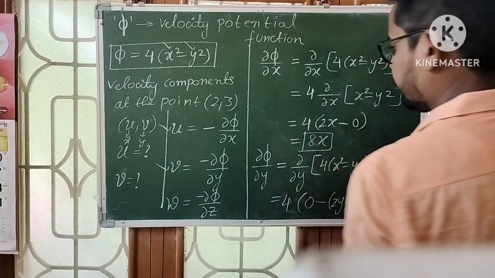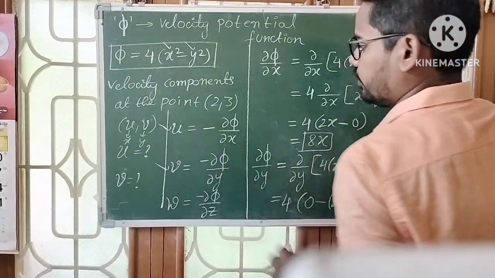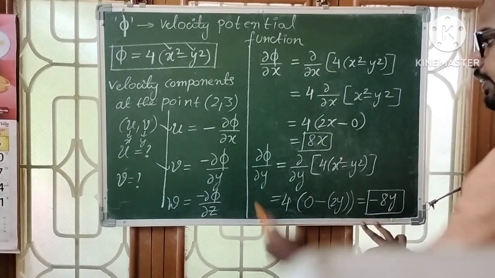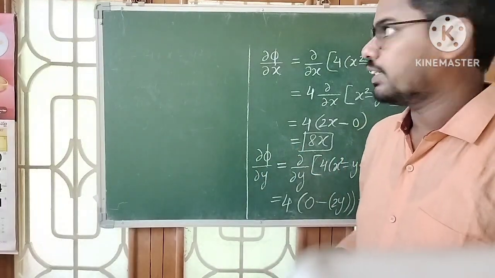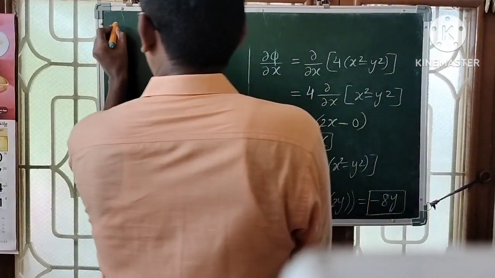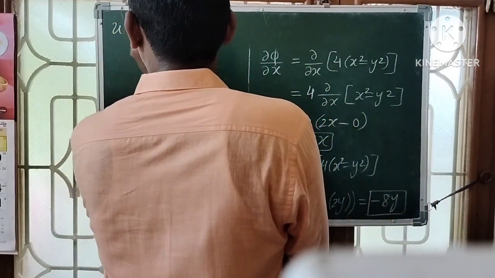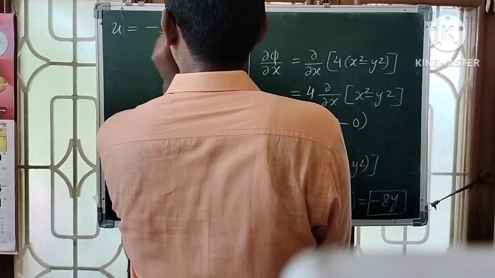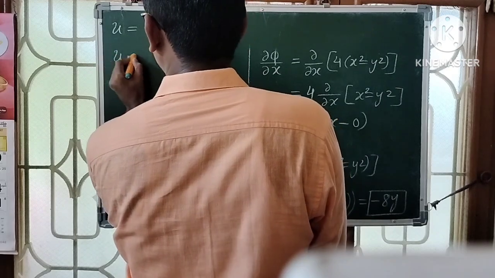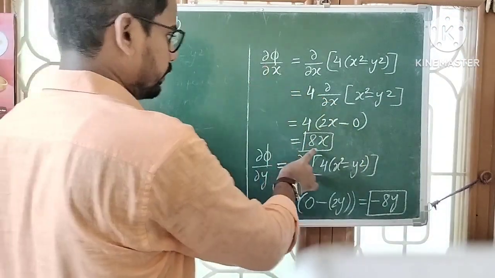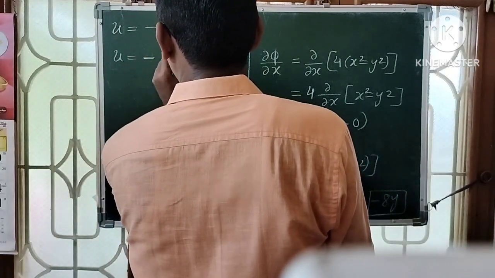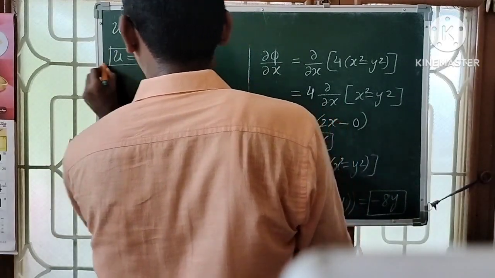Now use these two results to find the velocity components in x and y direction. u is equal to minus dou phi by dou x, and dou phi by dou x is 8x, so u is equal to minus 8x.